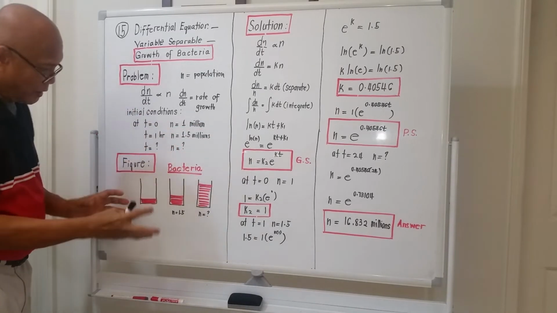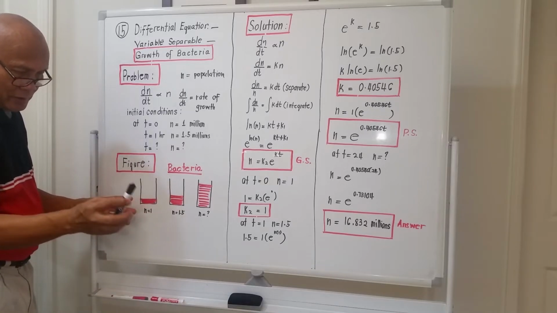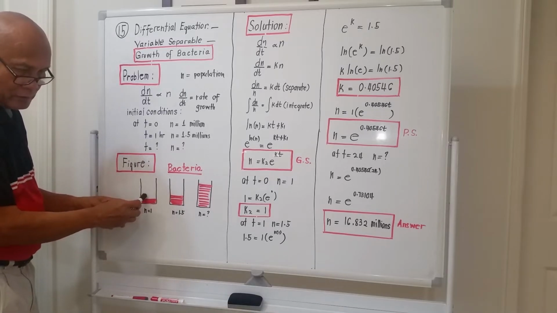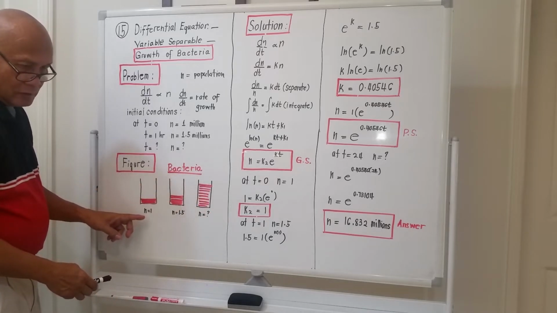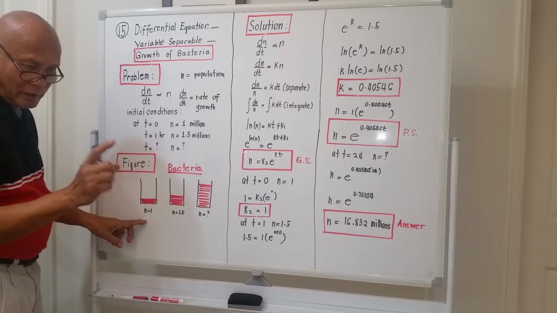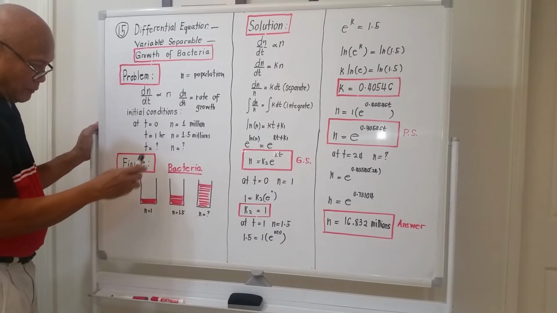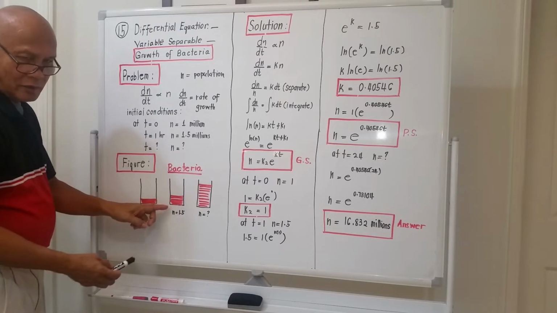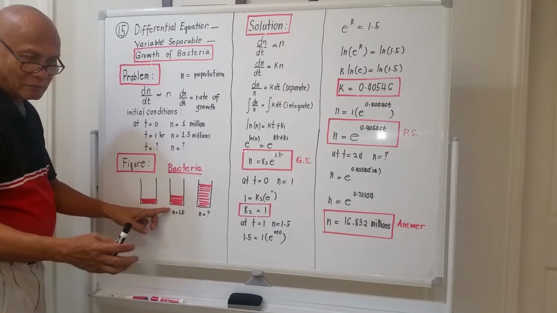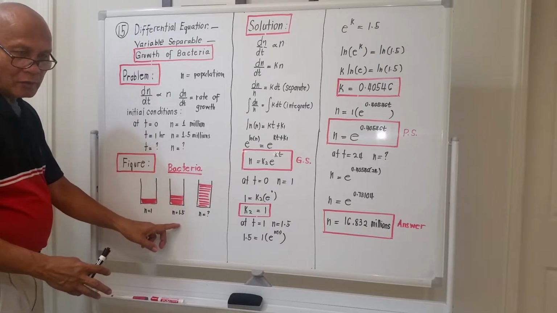So it seems we are given a beaker over here, and the total number of bacteria inside the beaker, supposing we are inside the laboratory, the total number of bacteria initially was 1 million. And the problem says that after 1 hour, the total number of bacteria inside the container, assuming this is only for illustration purposes, is 1.5 million.